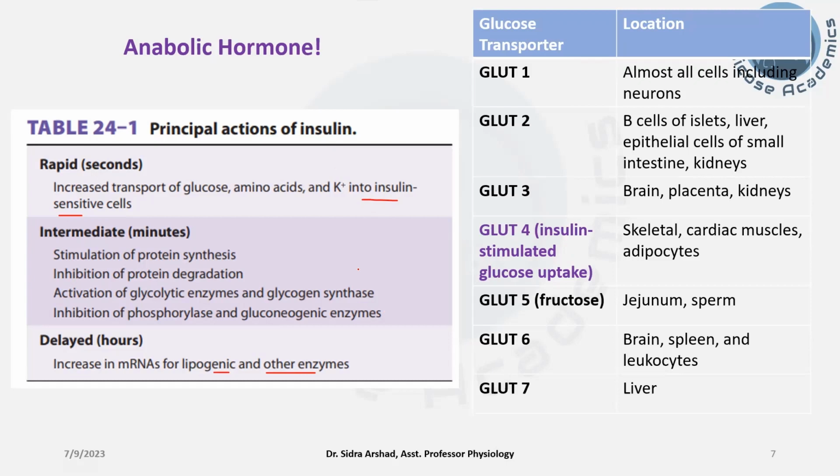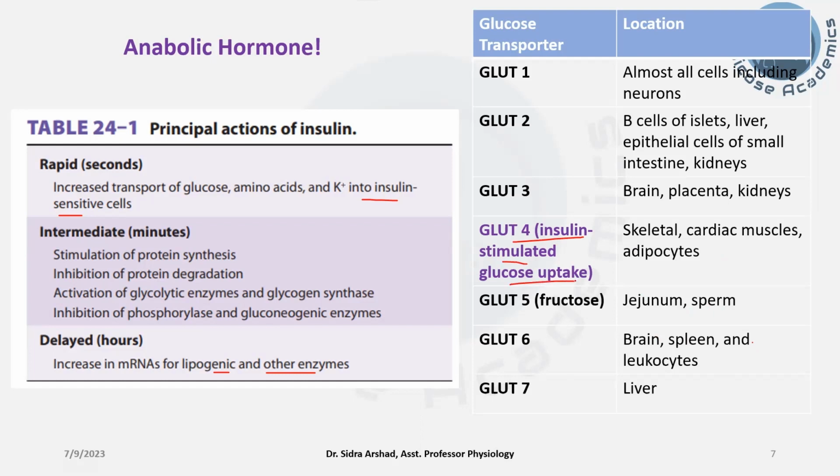So glucose transporter 1 is found in almost all of the cells of the body, including neurons. Glucose transporter 2 is found, as we had already seen, in the beta cells of islets. It's also found in liver, epithelial cells of small intestine, and kidneys. Glucose transporter 3 is found in brain, placenta, and kidneys. And now this important glucose transporter 4 is responsible for insulin-stimulated glucose uptake.